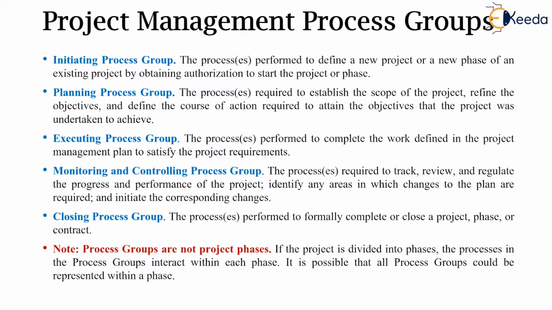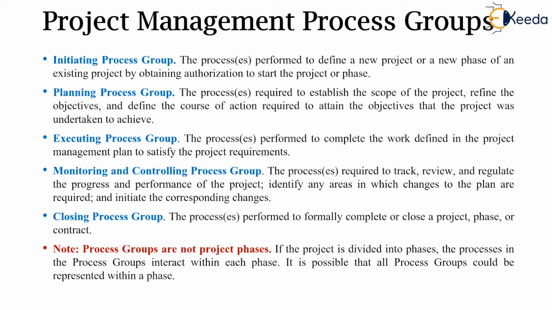Remember, process groups, as discussed, are not exactly the project phases, since if we divide the project into definite phases, as we said, a process will have a definite start and a definite finish. However, the process groups can interact with each other within a single phase.